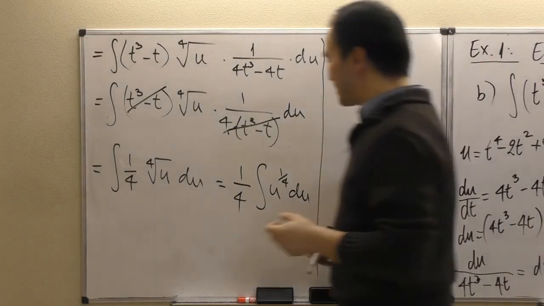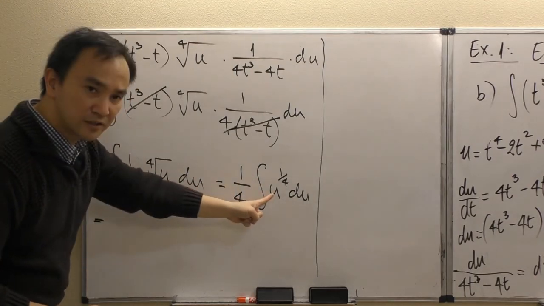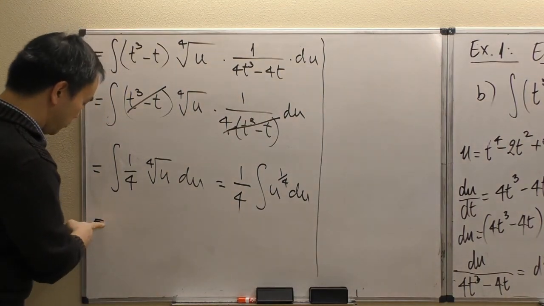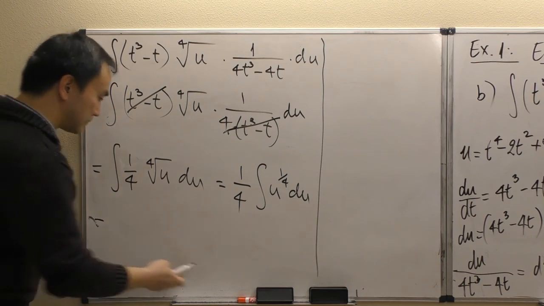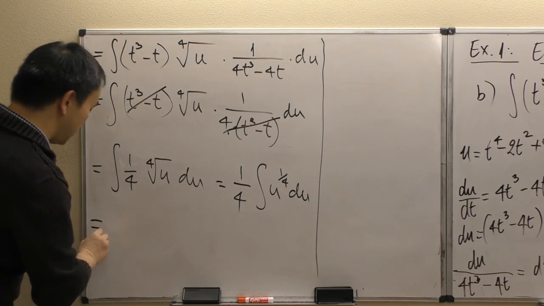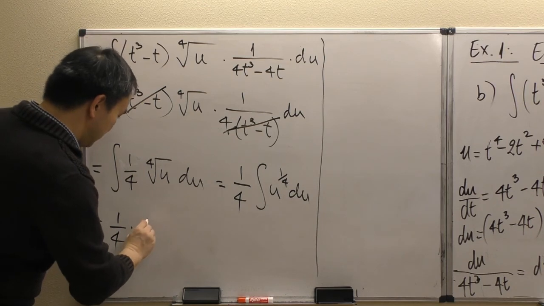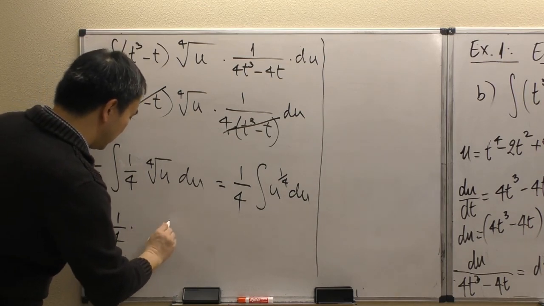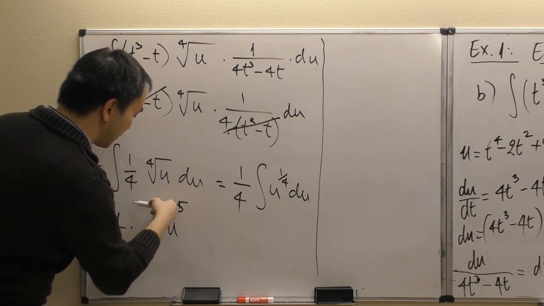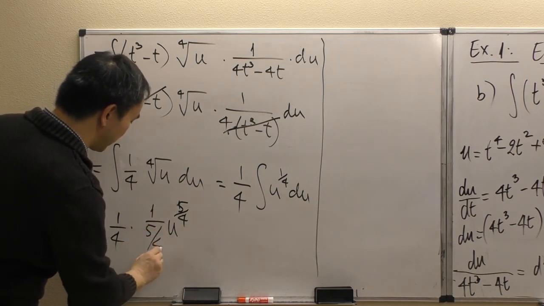Now wrapping up this problem, my final answer is going to be, recognizing the 4th root of u as a 1/4 power of u, then the answer is ready for us. Now, it's equal to the coefficient 1/4 multiplied with u to the 1/4 plus 1, which is 5/4, over 5/4.